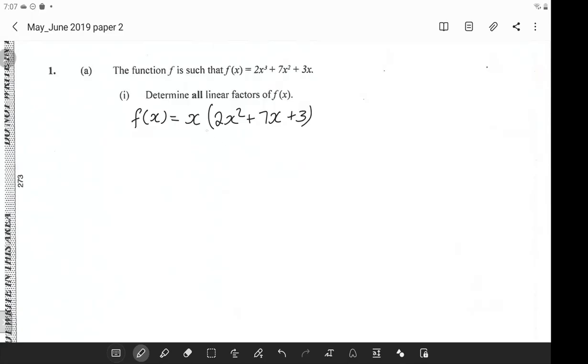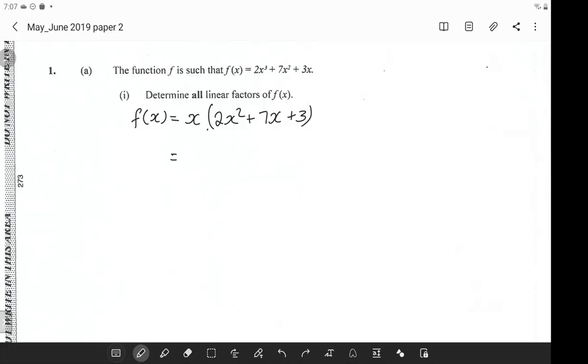Now we wish to factorize this piece because this x is already linear. Recall how to factorize a quadratic. Let's do it this way: we want factors of AC that, when added, give you 7.